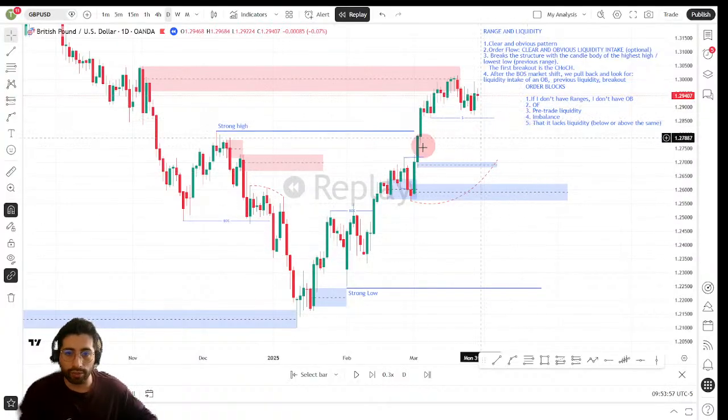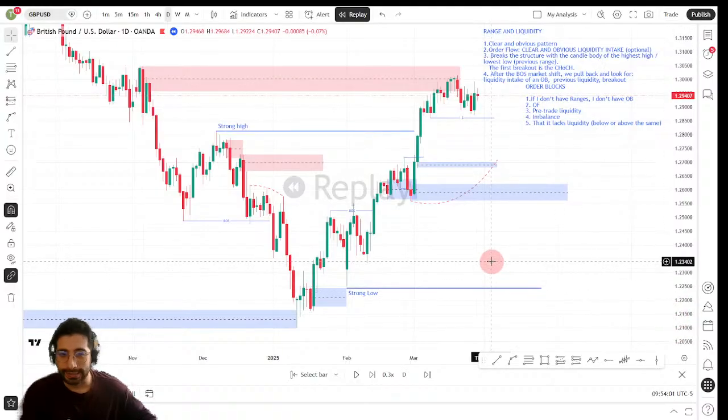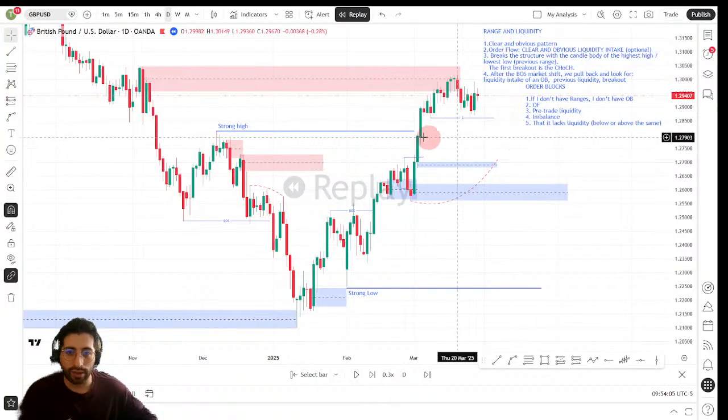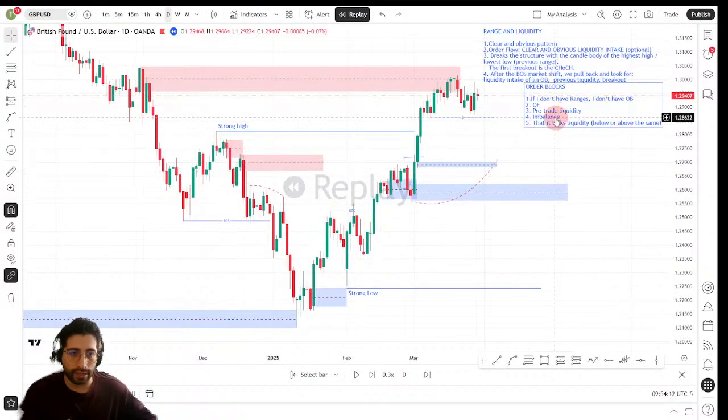Now look at the next, number 4. Does it have imbalance? It doesn't have imbalance, so it's not a really good one. But the reason we don't take this as a clear order block is the 5th rule. It lacks liquidity below, in this case above, because we're in a bearish trend.